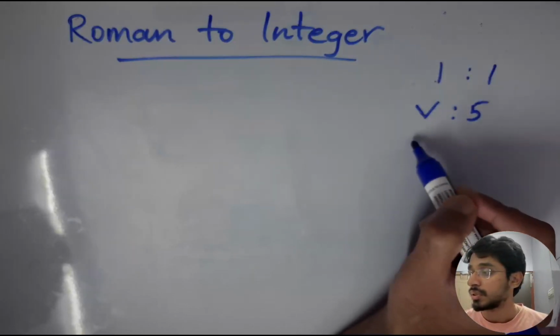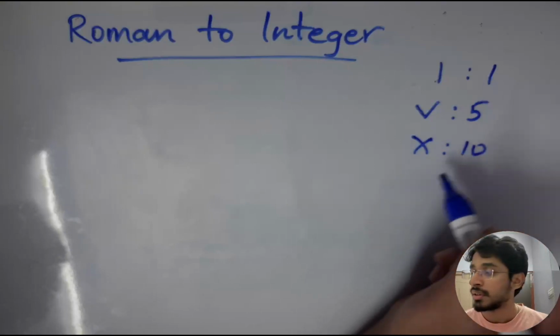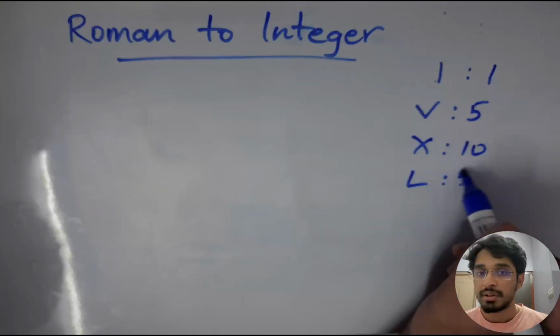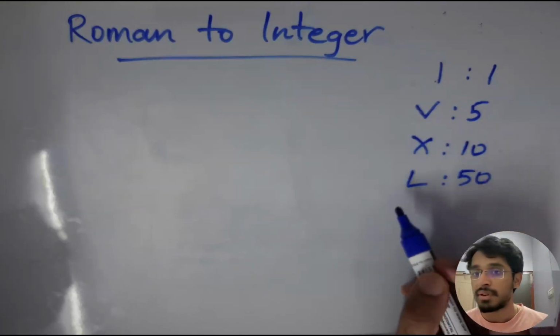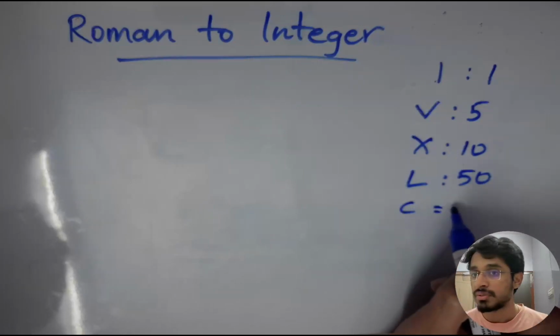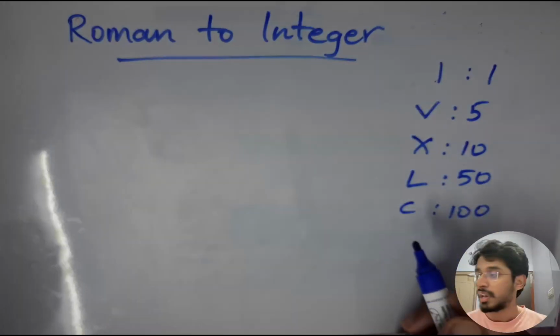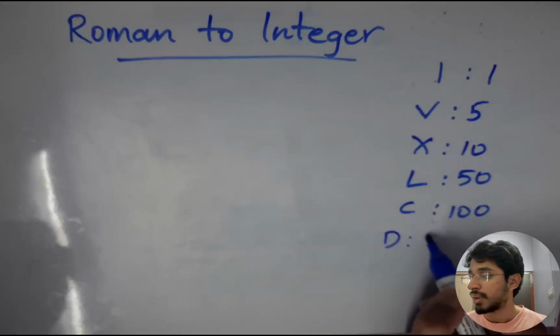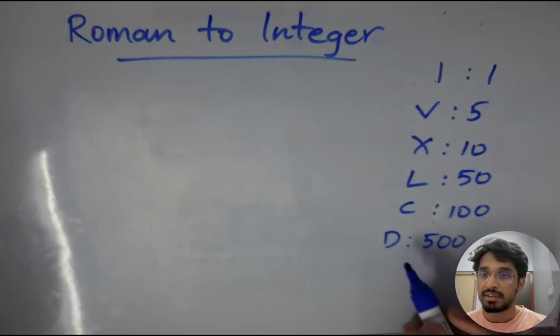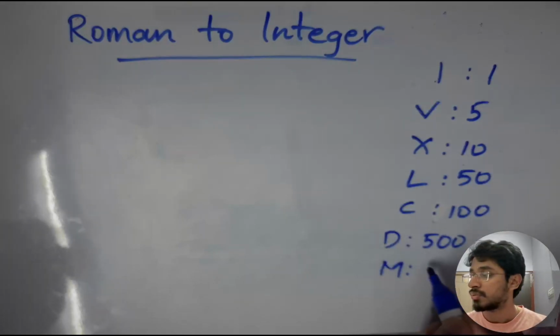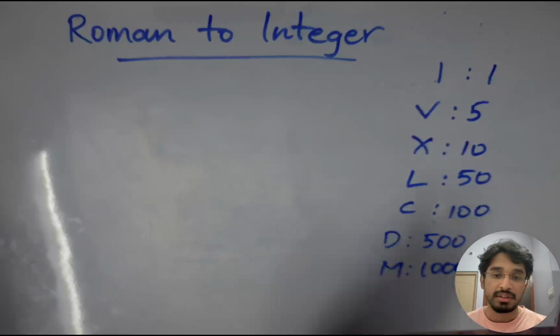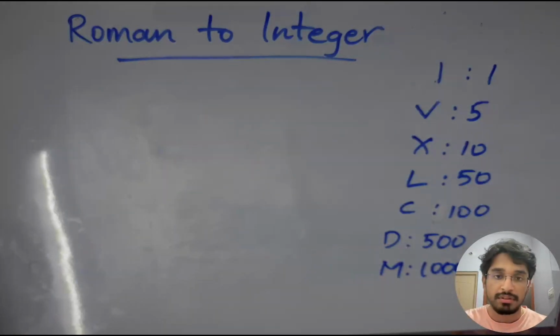Okay, so X is 10, L is 50, and then we have C, which is 100, we have D, value of that is 500, and finally we have M, the value of that is 1000. So I hope you can see this. I can reduce this a little.